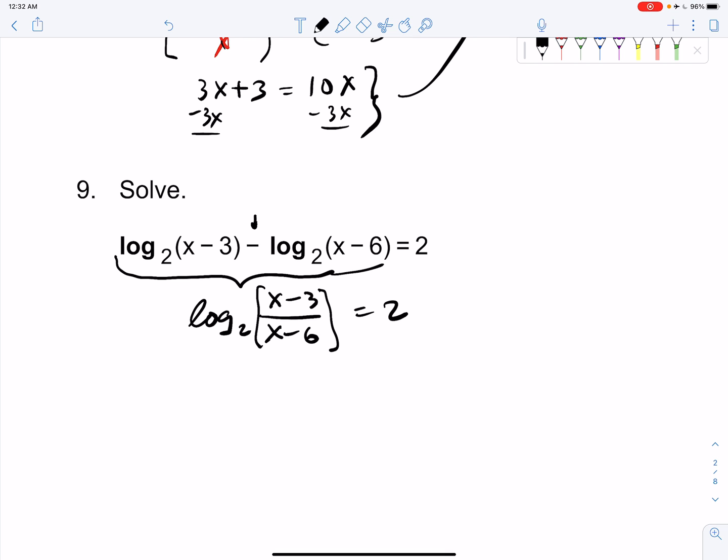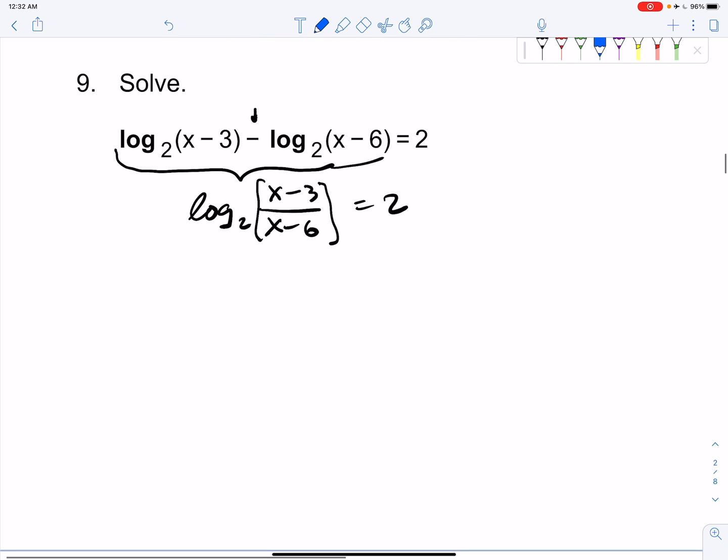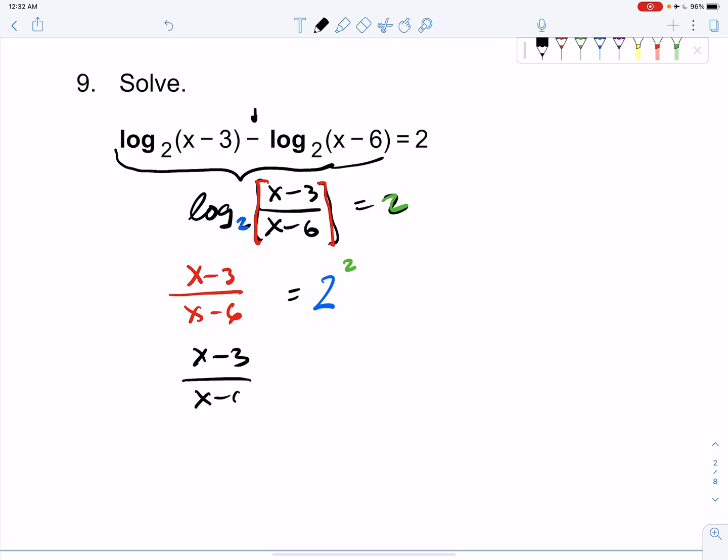Once again, I think what I would do is just use the definition of log, which basically says I could change this to an exponent. The base is 2 raised to the second power. It all equals this argument right here, which is x minus 3 over x minus 6. 2 to the second is 4.